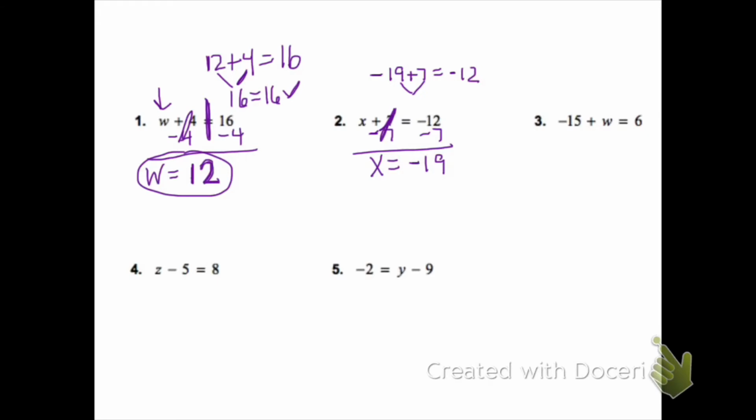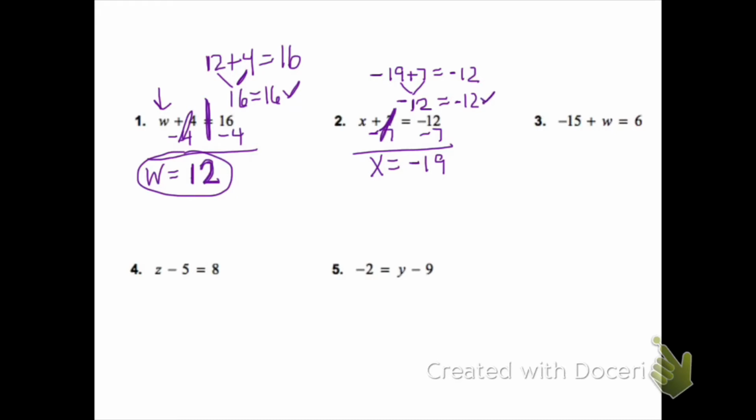So 19 minus 7, if you can do that in your head or on paper, however you need to do so. So we get a 12, and then we know it's negative because the absolute value of 19 is greater than the absolute value of 7, and 19 is the negative number. So it'll take the sign of the number with the highest absolute value. And negative 12 is equal to negative 12.